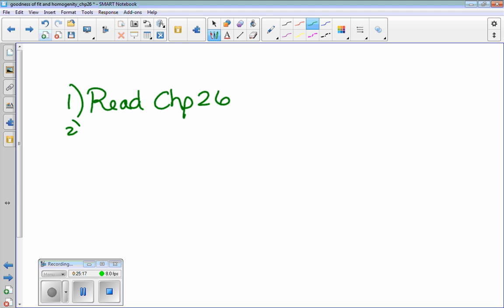I do want you to do the just checking. And I'm actually going to assign one of the problems that we know ahead of time is the goodness of fit test, if I can figure out which one it would be.